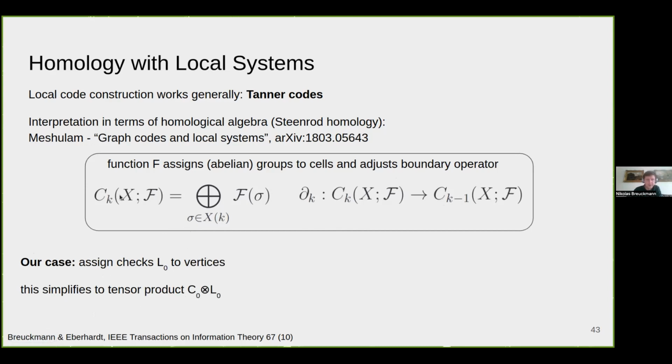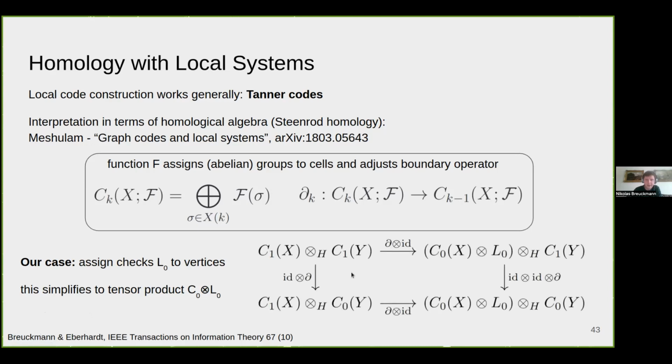So instead of using this Steenrod homology, you can essentially just tensor on these local codes. What you obtain then is, again, this 2-complex. Let's say we take a product between 2 input spaces, and we assign a local system to one of them. Then we can just tensor it on. Okay, apologies, this is a bit quick, but this is just to show you this diagram essentially.